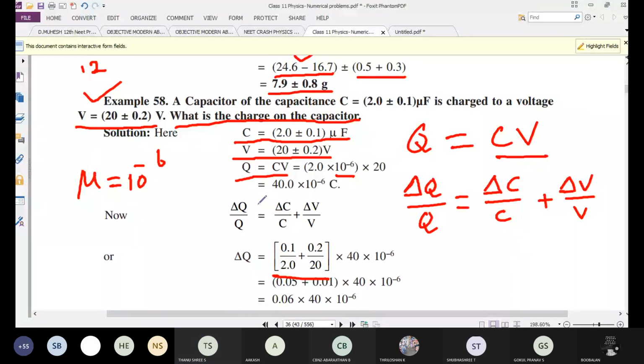Okay. Next step. I want to find the value of Q. So Q means what? C into V. C is the true value, V also the true value. Q formula CV. You should take the value from the formula in this equation 2.